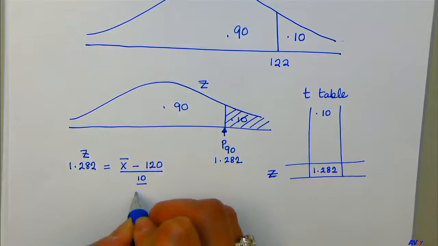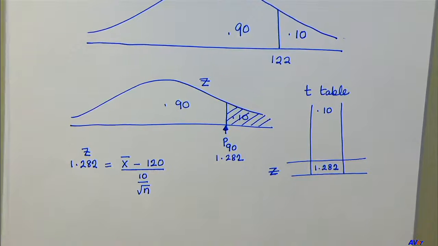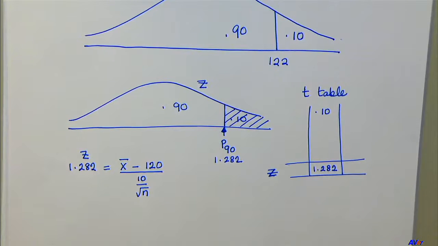Right, 10 over rad n. Sigma over rad n. But I can't use sigma over rad 25 like in the previous parts because n is not 25. n is the unknown. So the only unknown in this whole equation is n. So I have to leave it the way it is.